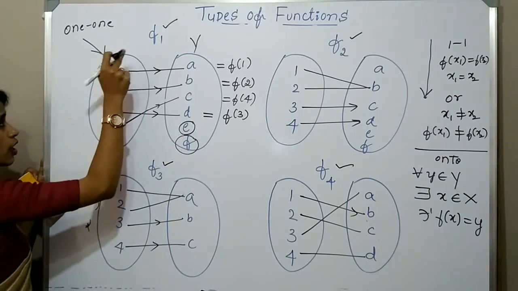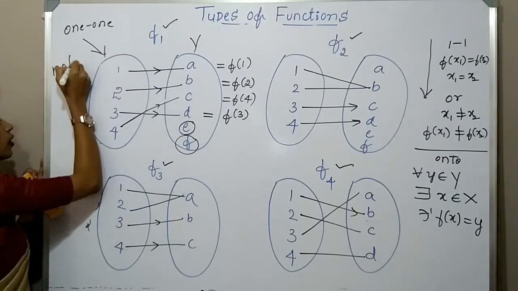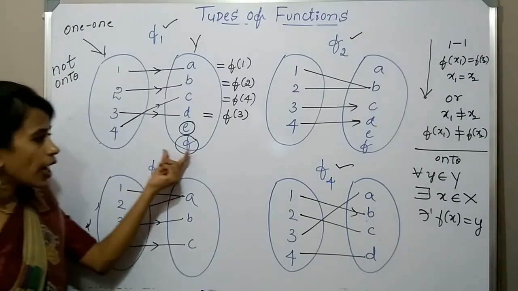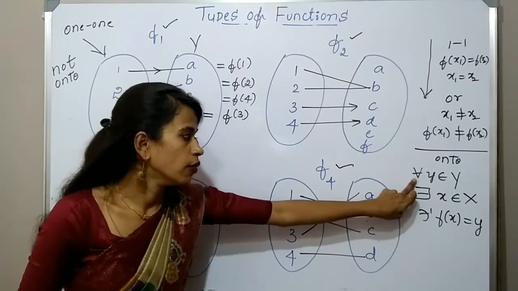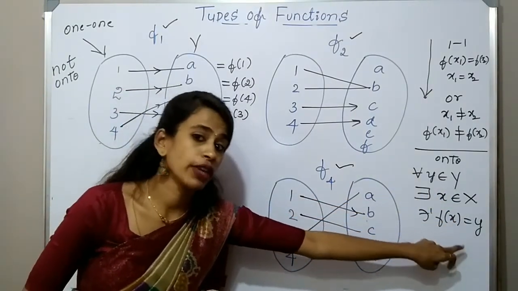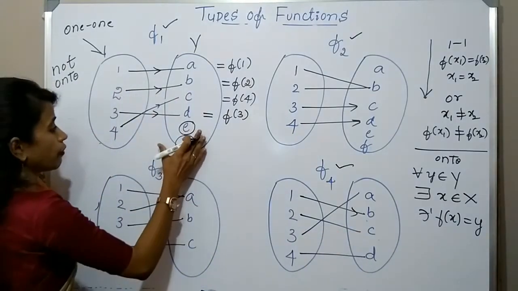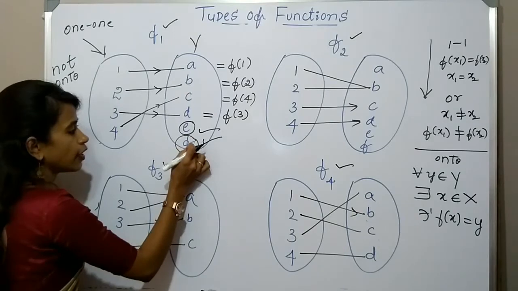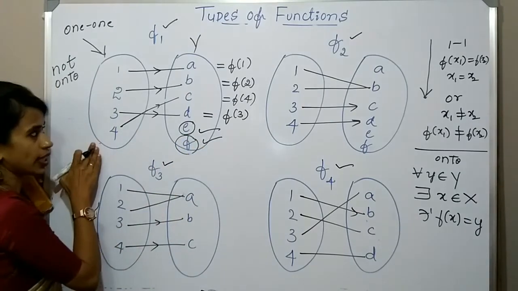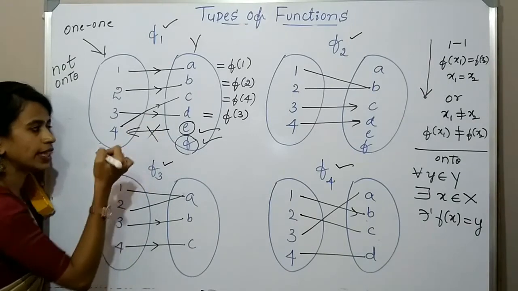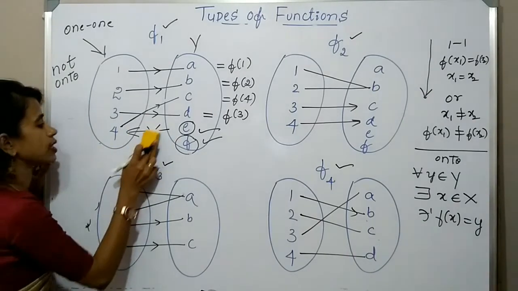Therefore this given function f1 is not onto. Reason is, to be onto, for all y belongs to Y, there exists x belongs to X such that f of x is equal to y. Here E and F are elements of Y, but E and F don't have any pre-image in the set X. So E does not map to any element, therefore it is not onto.